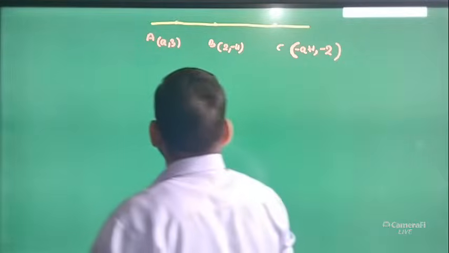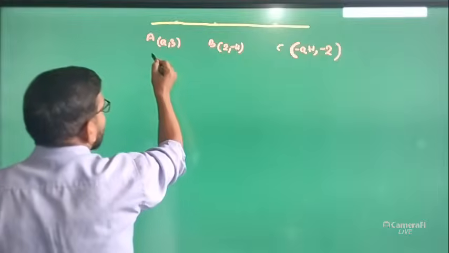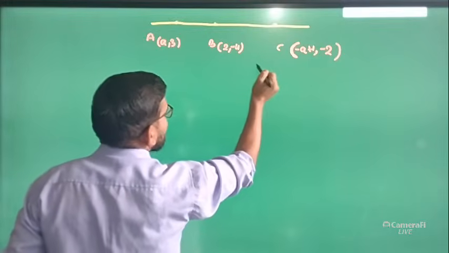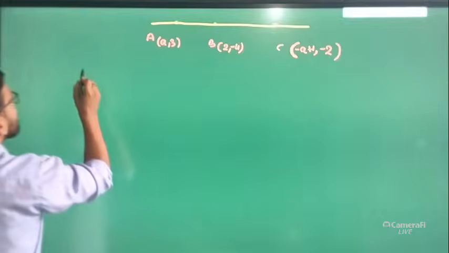Now that means the slope of line AB is equal to the slope of line BC. What condition will you write from here?